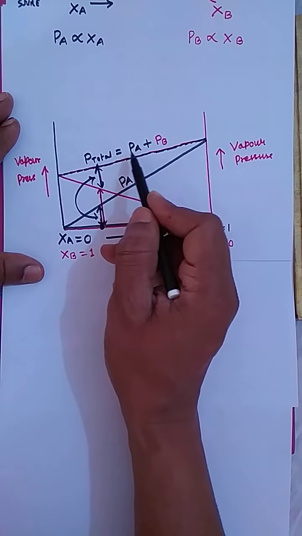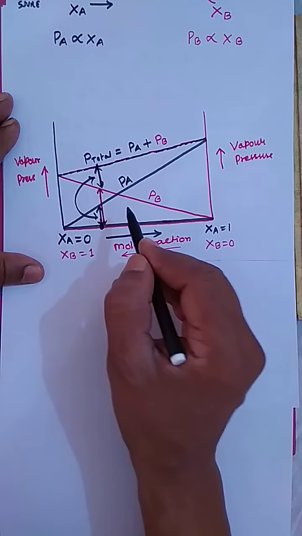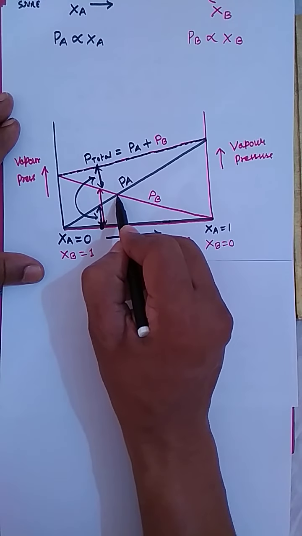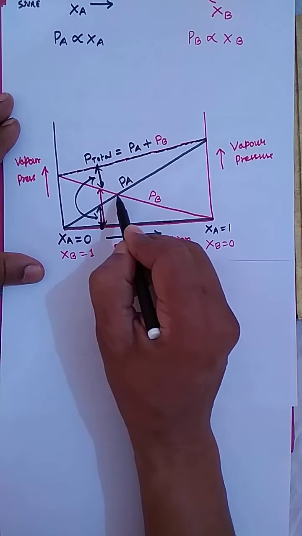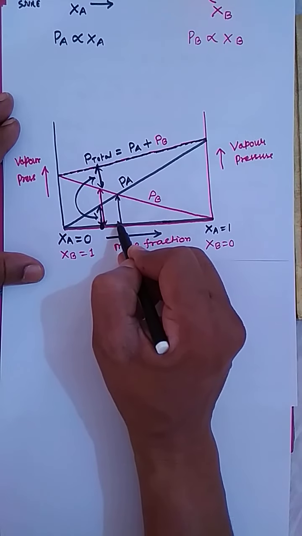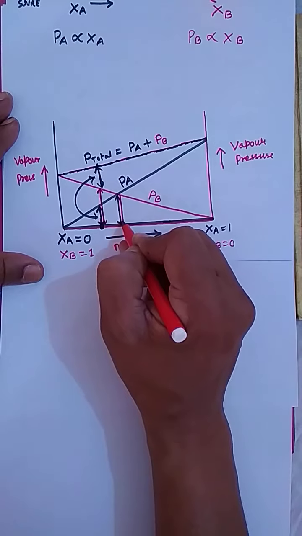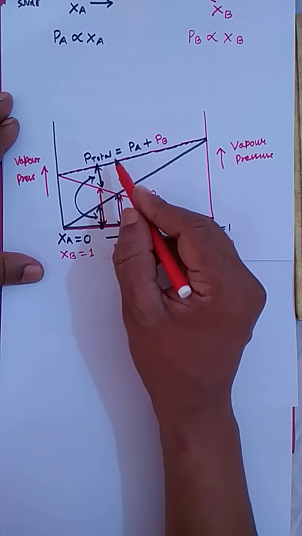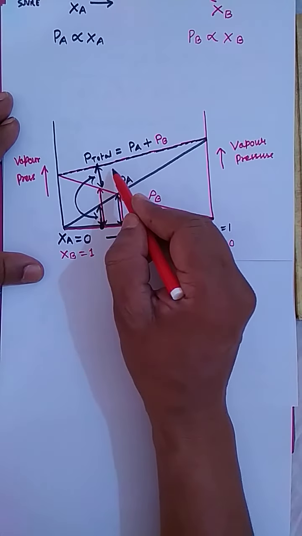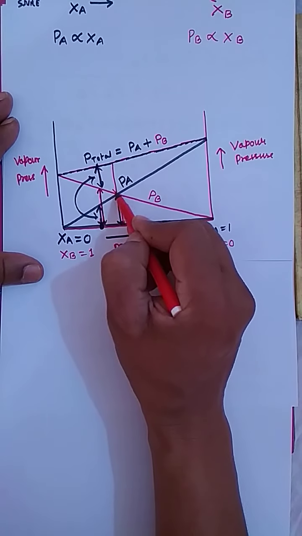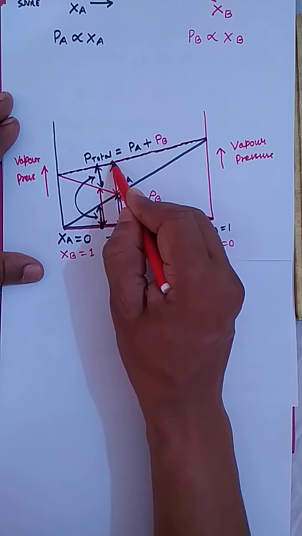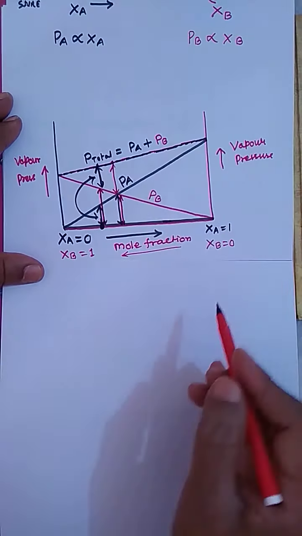That means P total equals PA plus PB. At this point the vapor pressure by component A is this one and the vapor pressure of B is also this one, so the total vapor pressure is double like that.